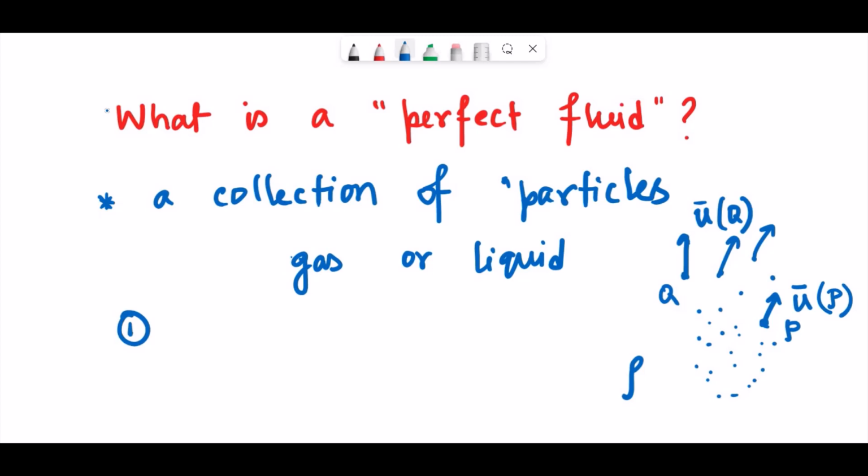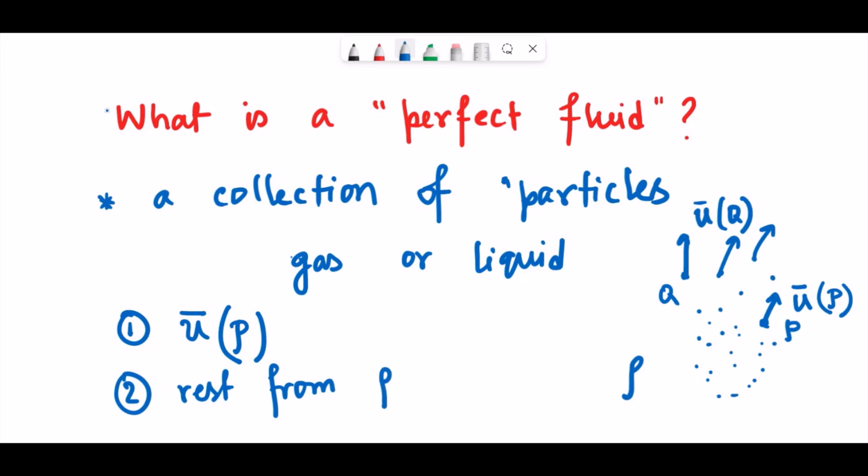So number one, it is characterized by the velocity u, which is dependent on different events of spacetime, and number two, in the rest frame, there is the characteristic mass energy density rho, and isotropic pressure P.